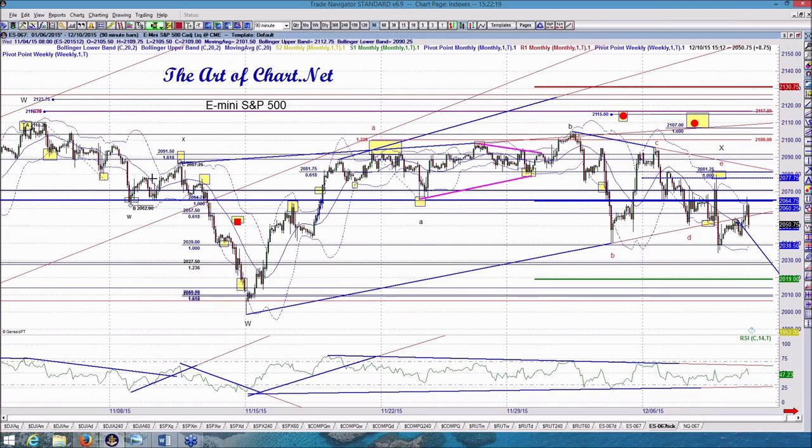What I'm trying to show you is that in a back test, the moves are fairly predictable. By the way, are they always predictable? No. But you can predict them, and it helps your trading. Without this, my hit rate wouldn't be as high as it is because this helps me predict both the timing and the extent of the move.